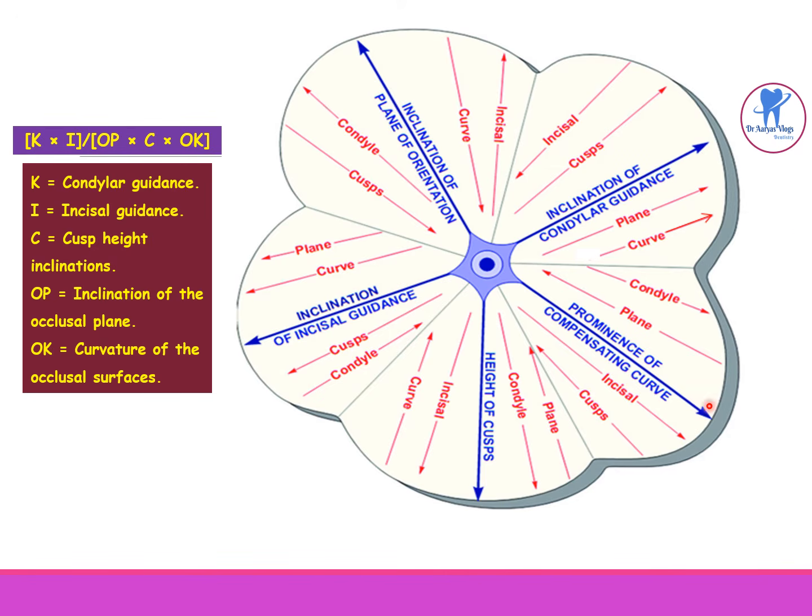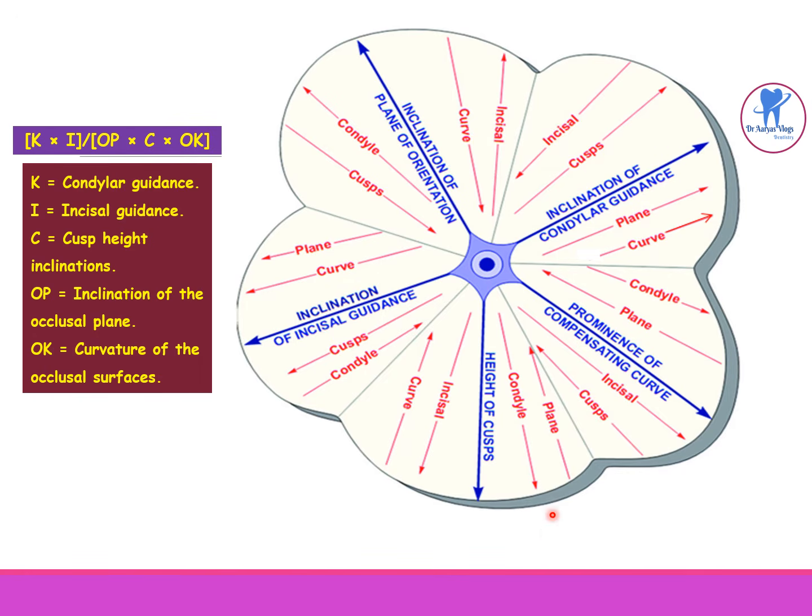If the compensating curve increases, then the condylar guidance and the incisal guidance increase, and the cusp height and the plane of orientation decrease. So this arrow mark shows increases, and this arrow mark shows decreases.